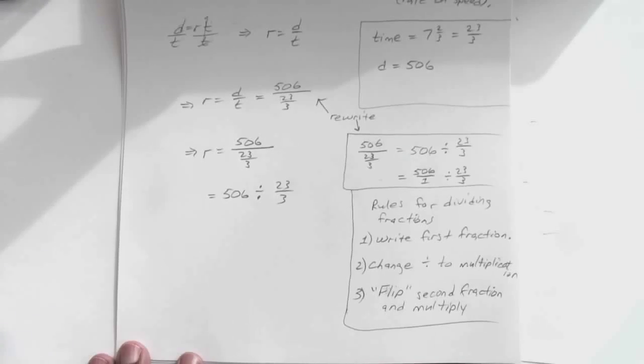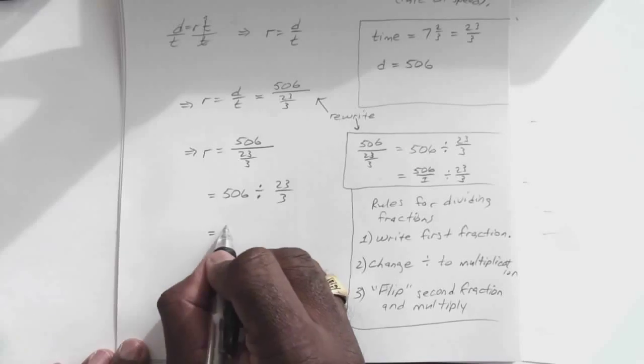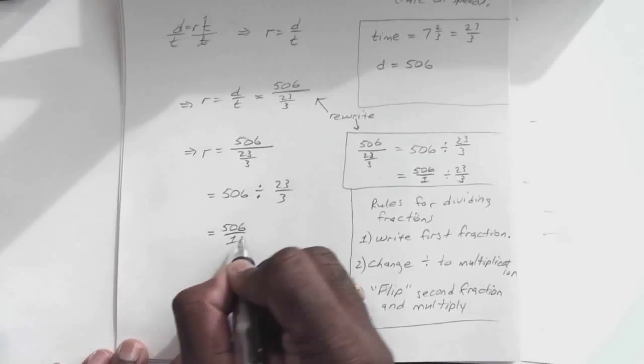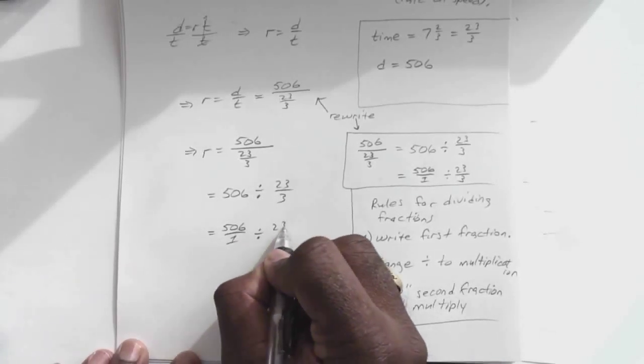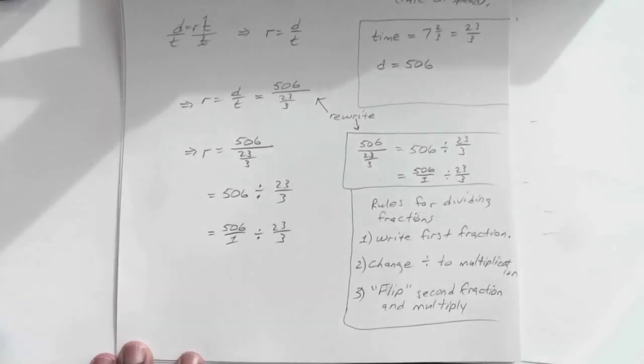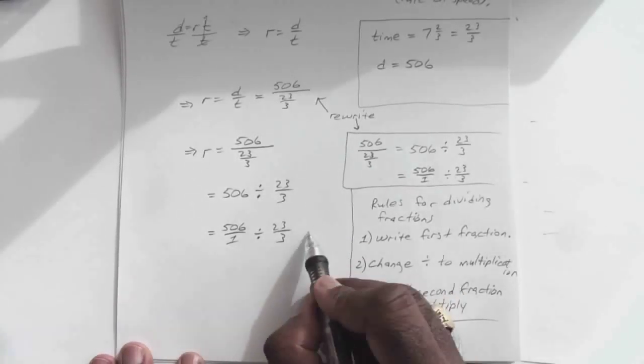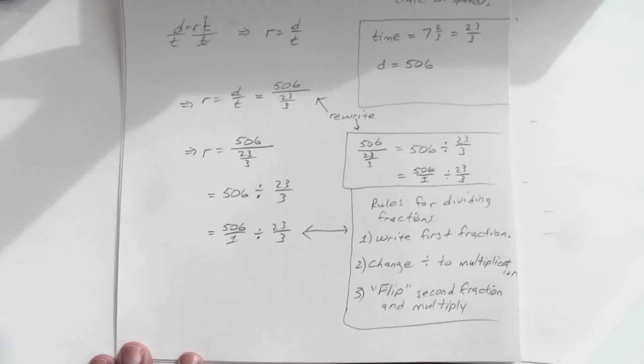Okay. So then we rewrote it again to make it two fractions. So 506 over 1 divided by 23 over 3. Now once we have our two fractions, that's when we use the steps for dividing.